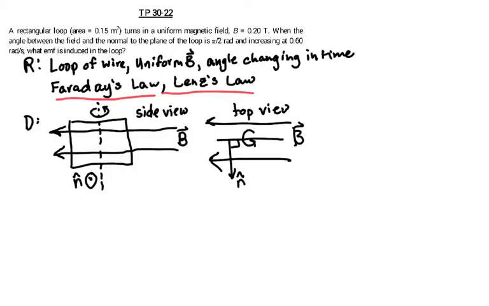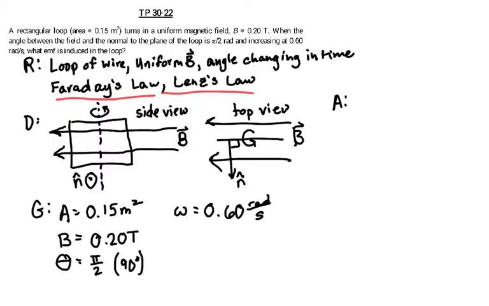So you get two different perspectives on the same problem, and on the top view the loop is going to be rotating counterclockwise. So the left side of the loop is going down and to the right, and our right side is moving up and to the left. Alright, so that's what's going on.